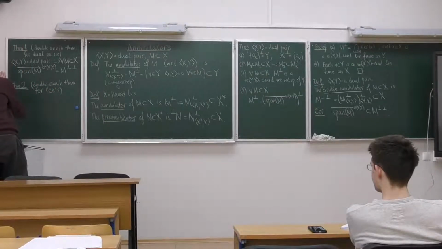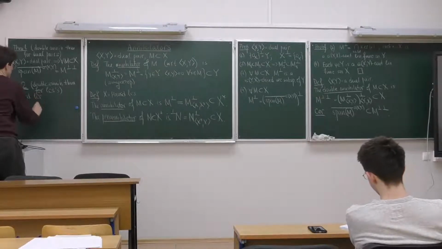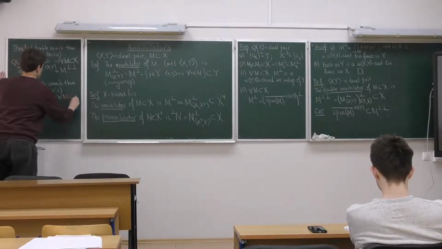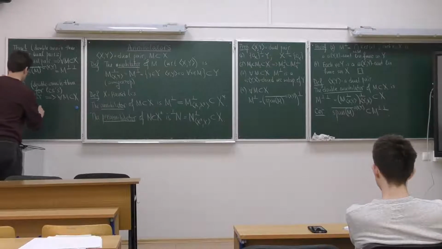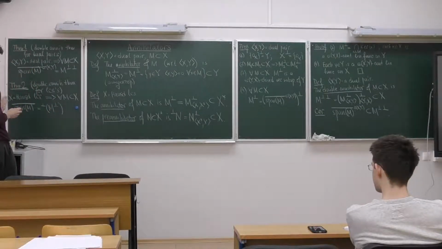So suppose that X is a Hausdorff locally convex space. Then, for each subset M in X, the closure of the linear span of M is equal to the double annihilator, or more exactly to the pre-annihilator of the annihilator of M.